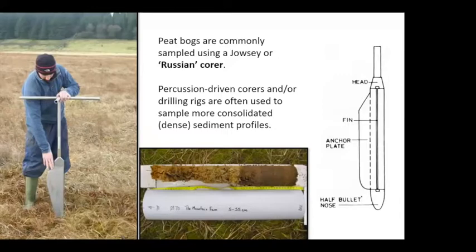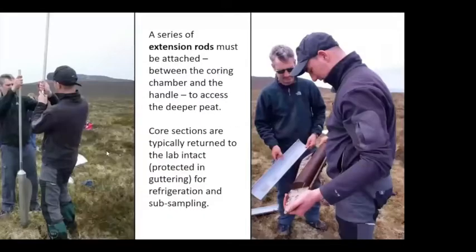So if it's got a lot more, say, sand, clay, or other mineral particles in there, this type of equipment is not good for that. This is really only good for soft sediments. So as you can see here, we're stood on a peat bog, and that's the ideal place that this type of kit works.